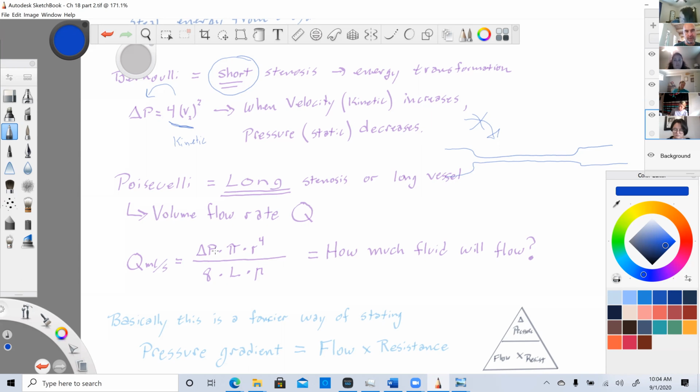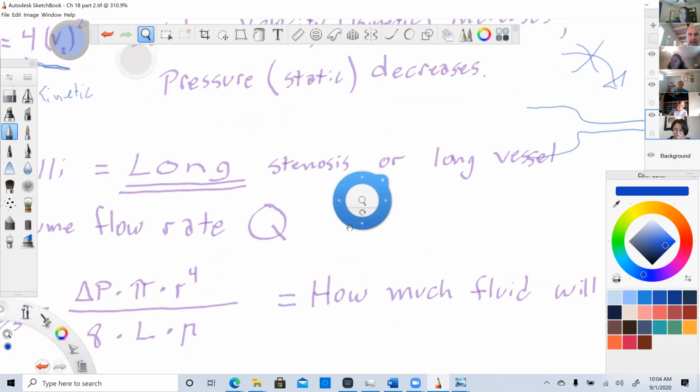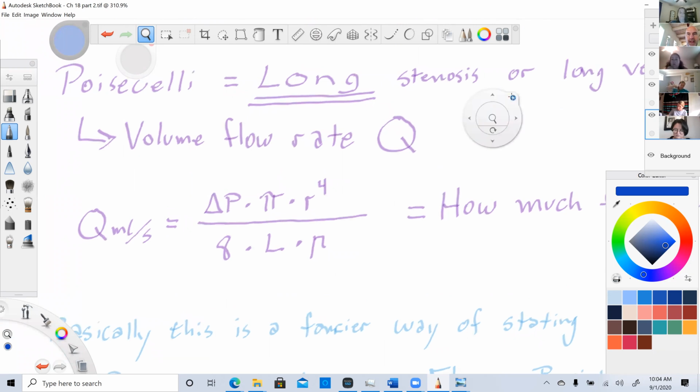So Poiseuille's is usually designated by Q in milliliters per second. And then we have this equation. Once again, don't worry about the equation, worry about just a few things. Okay, so do worry about the equation, but don't worry about thinking, oh my God, I have to work this out. And no, we're never going to do this on a test.